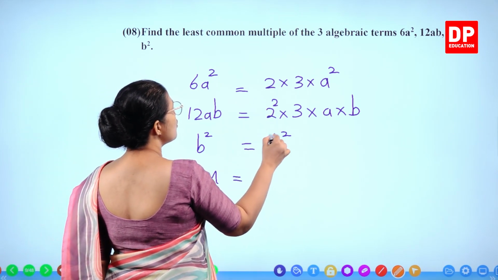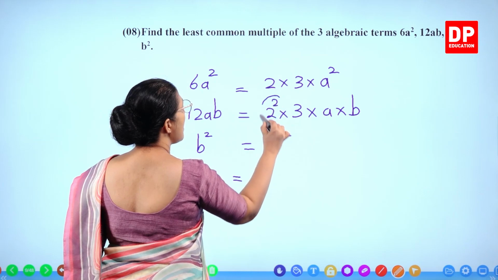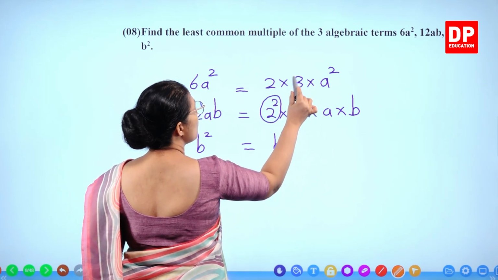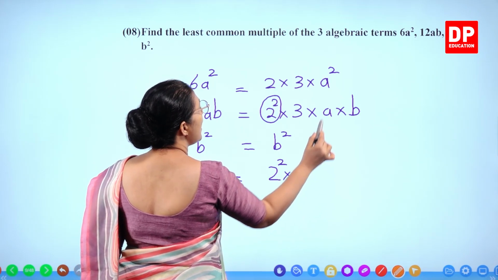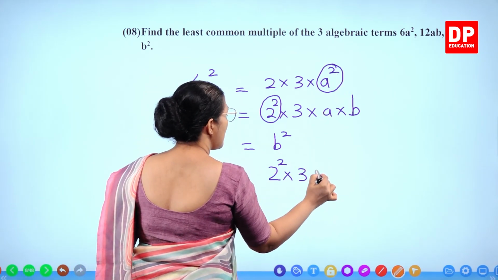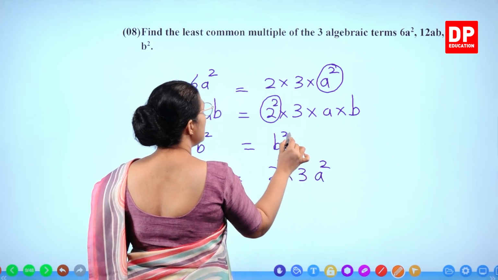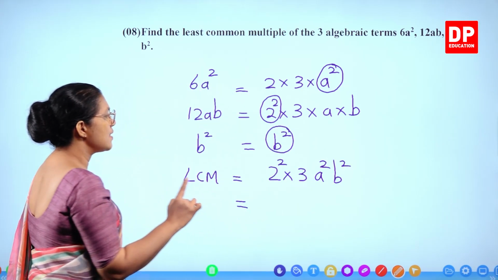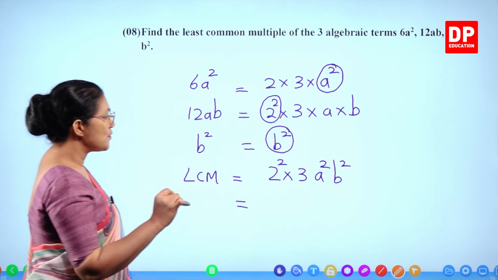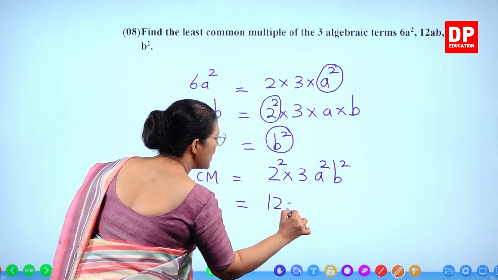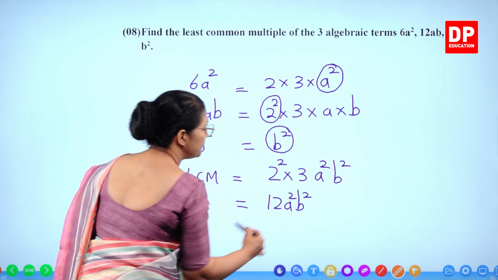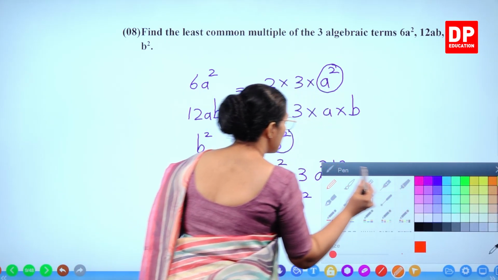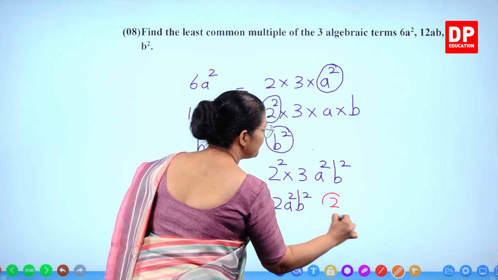So when you consider 2, 2 to the power 2 is the highest one. 3 just once. And a squared is the highest one. b squared is the highest one. So the lowest common multiple is 2 to the power 2 is 4, 4 times 3, 12, 12 a squared b squared. So you get 2 marks for that.